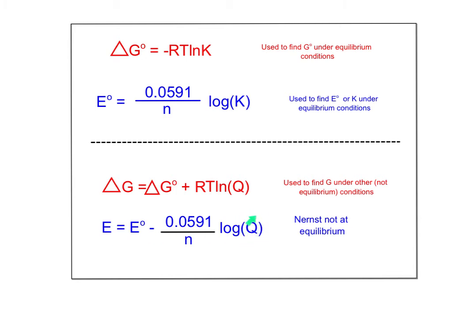Essentially, we have adjusted the concentrations in those half cells, so we need to find the new voltage. The reality for us is we're going to use this one if we're at standard conditions, and this one if we're not at standard conditions.